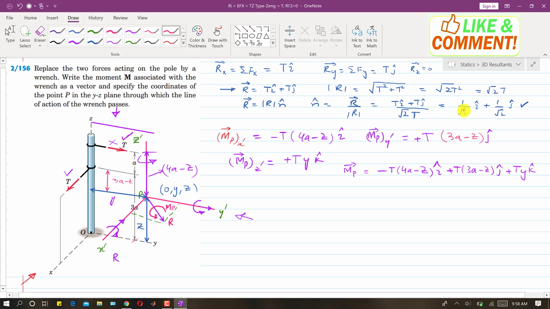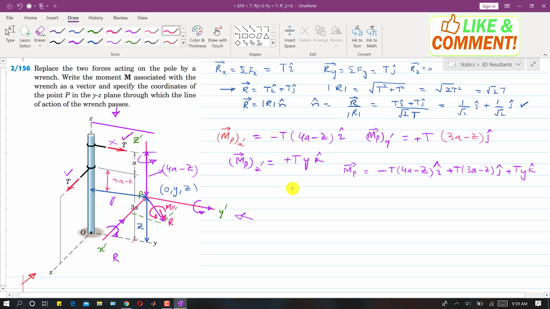Or we can say that the unit vector, the direction vector of R and the direction vector of MP, both of them will be the same, since both are acting in the same direction. This is the direction of the thumb. So the direction cosines of MP and the resultant are both equal, since both are acting in the same direction if they constitute a wrench.